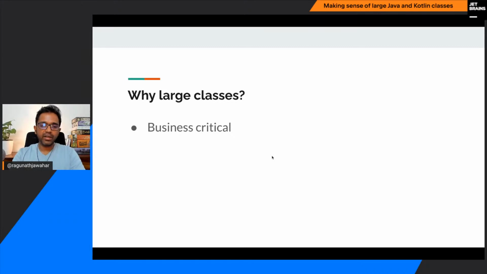And it looks like a dumping ground, and there are a lot of problems here because the product teams or the product owners always want you to constantly keep delivering features to your customers, experimenting with things. And that's one of the reasons why people don't really have the time to go and maintain this piece of code, right? So large classes are often business critical, but I would not say all large classes are business critical, right? We will touch upon that a little bit later. But one of the reasons is that most of the business critical classes in your source code are probably large.